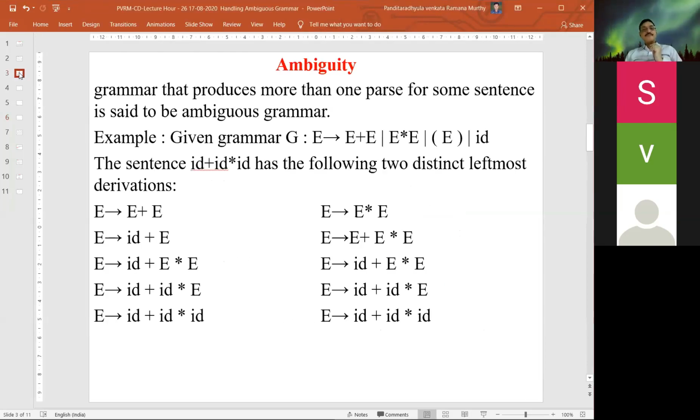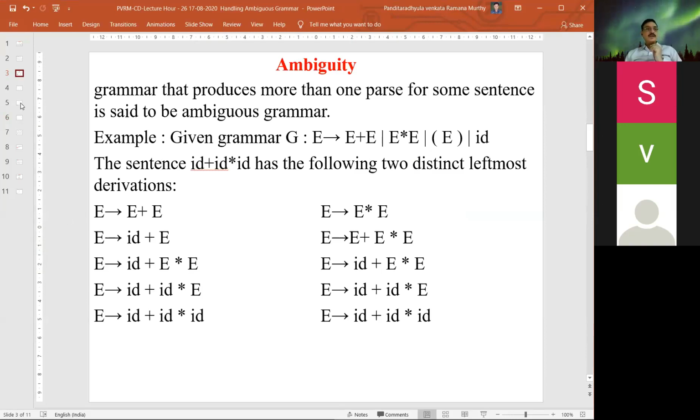Whereas in the ambiguous grammar, we are getting these two things. Either we can follow left derivation, or we can follow right derivations also.